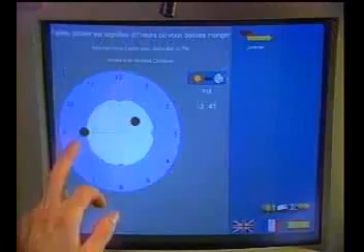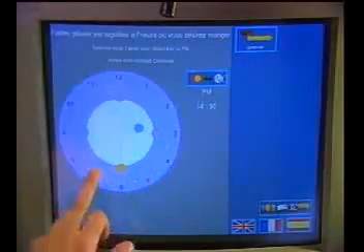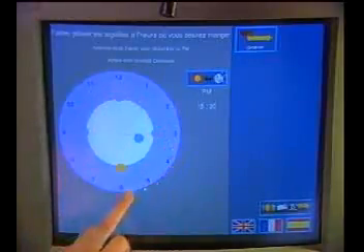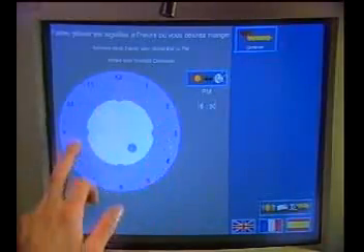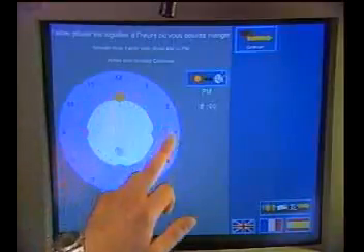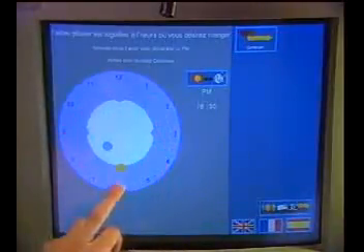They grab this hand, and the clock hand just tracks wherever their finger goes and won't stop moving until they lift up, and when they lift up, that clock hand is going to be exactly where their finger was last. So they get a feeling that they're really in control. They're really the ones who are making this clock be set to the time that they want to set it to.